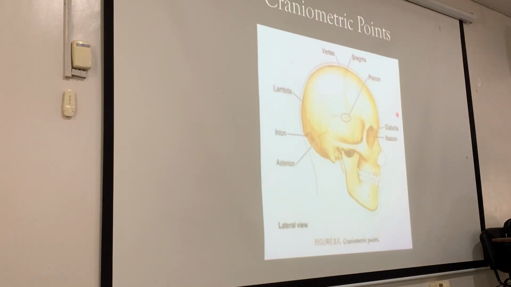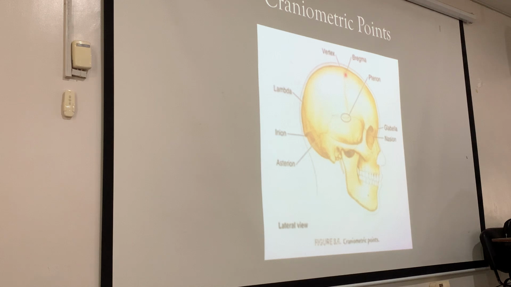And we have landmarks. So I mentioned some of these. So again, the bregma is where the sagittal and the coronal sutures meet. The lambda is where the lambdoid and the sagittal sutures meet. Then we have the inion. If you feel at the back of your head, you have a protuberance there. That's called the inion, or the external occipital protuberance.